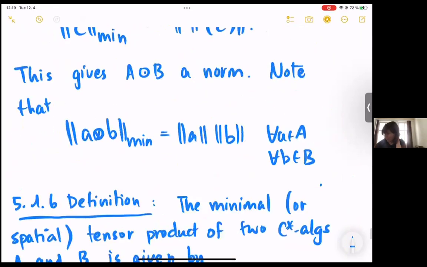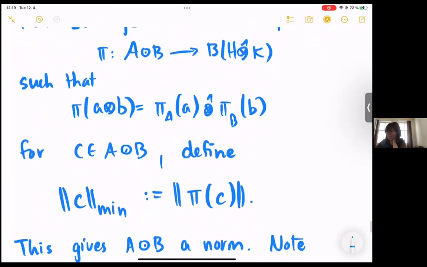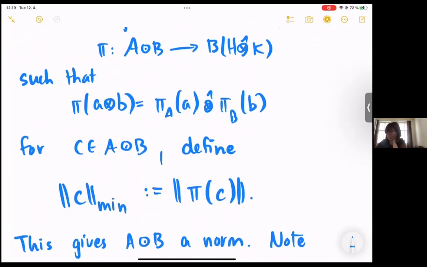So what we've done here is take a star algebra and a star homomorphism into bounded operators on some Hilbert space. We use this to put a norm on the star algebra, and then we complete it. And this gives us a C-star algebra. This is the kind of thing you'll see over and over again in C-star algebra theory.